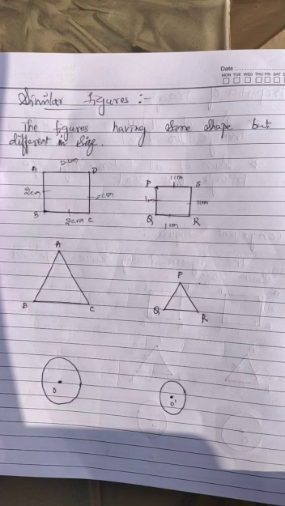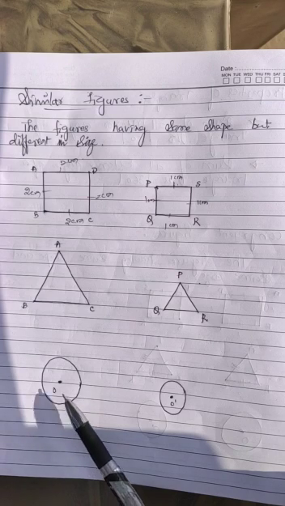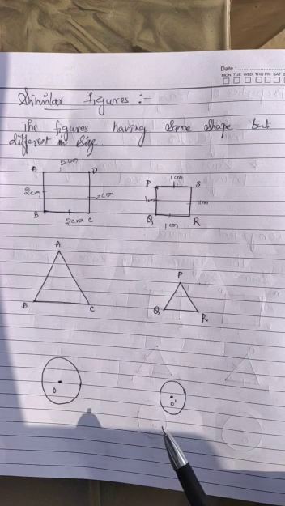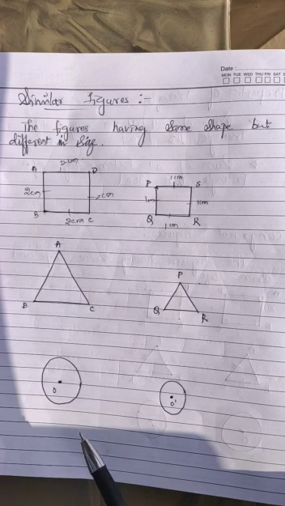And we have another example, that is circle. See the first circle. O is the center of the first circle, and O dash is the center of the second circle, right? So here the two circles have the same shape but different size.